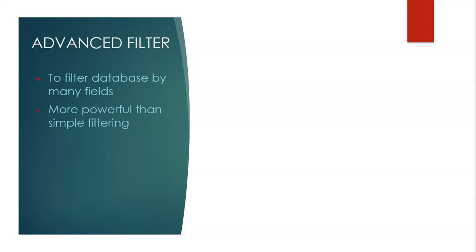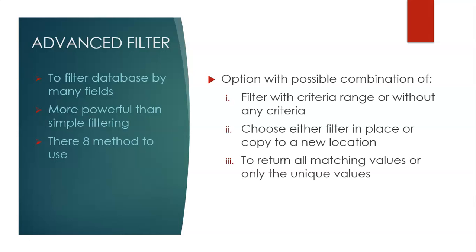It's more powerful than the simple filtering I showed you just now. There are eight methods to use, so it needs time to explore each one of them. And the advanced filter has possible combinations.